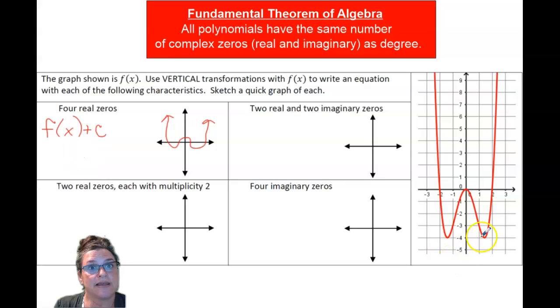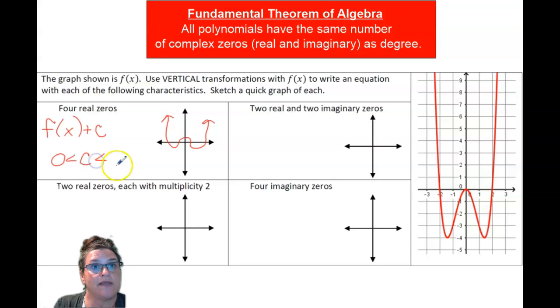So for c, if I move up 1 unit, that would work, right? But what about 1/2 or 1/3? Any movement up more than 0 is going to produce 4 distinct real zeros. So my lower bound for c would need to be 0, 0 less than c.